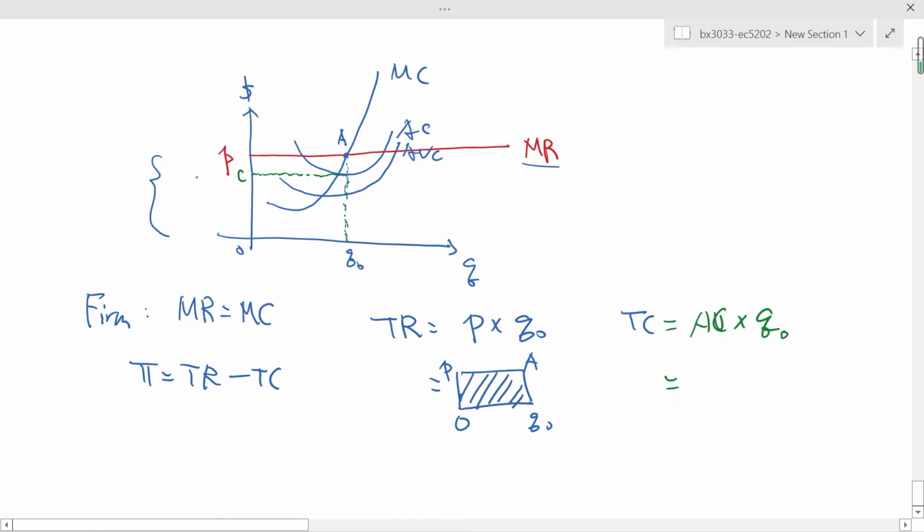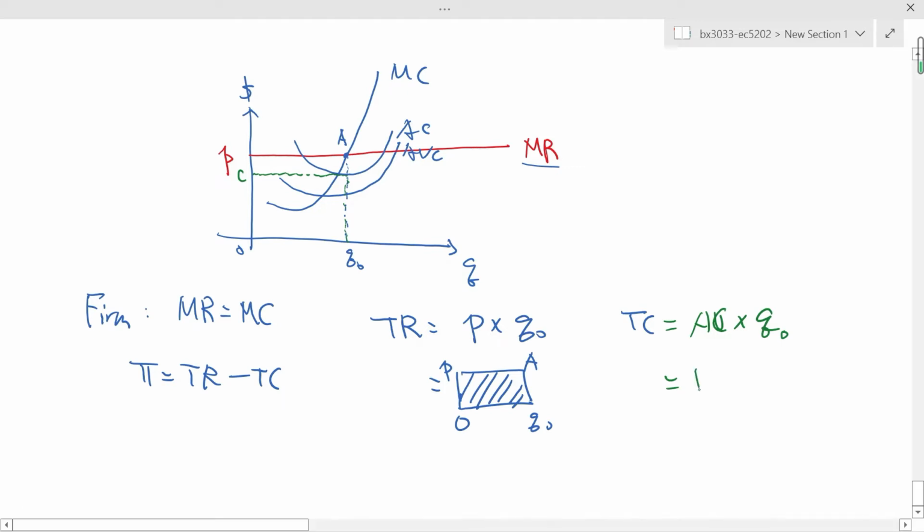On average each unit costs you OC dollars to produce, and altogether there are Q0 units. So the total cost is OC times Q0.